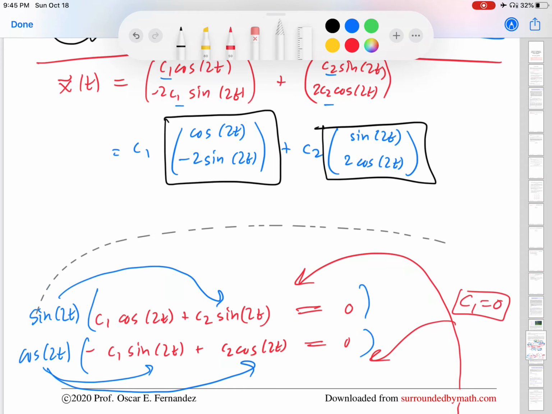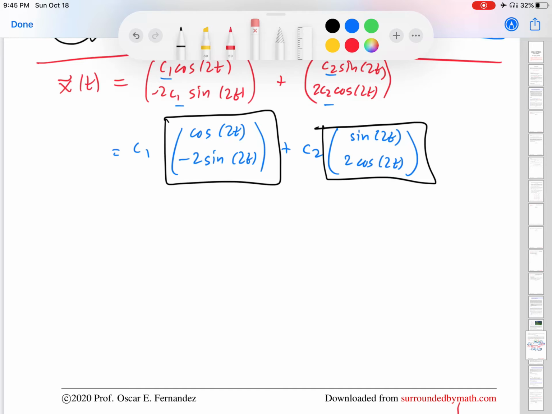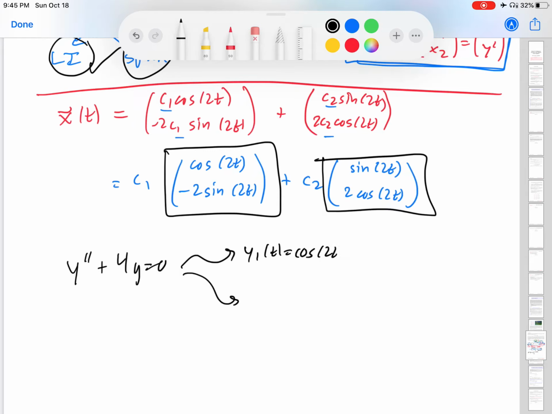I do want to mention one quick thing, just so that things connect a little better for you. Remember, I erased it, but I'll remind you that y double prime plus 4y equals 0 has two fundamental solutions: cosine of 2t and sine of 2t. Right? If we rewind this video a little bit, you'll see where I got those from. Look at the vector valued functions that we found that form the basis for the vectorial representation of this CC solves.